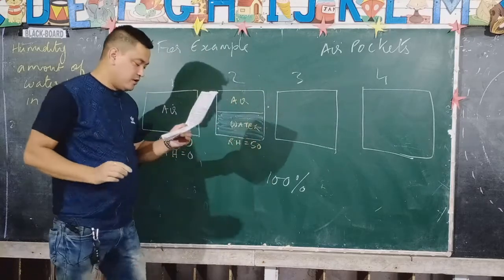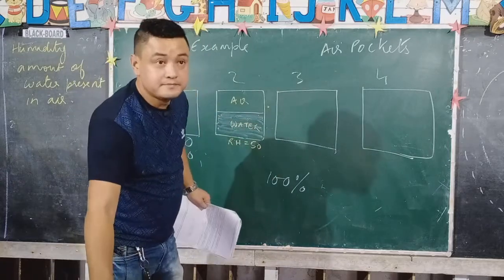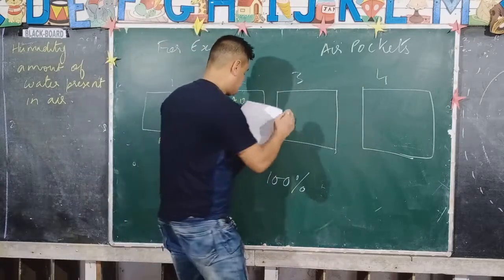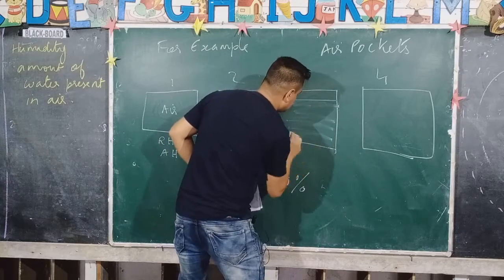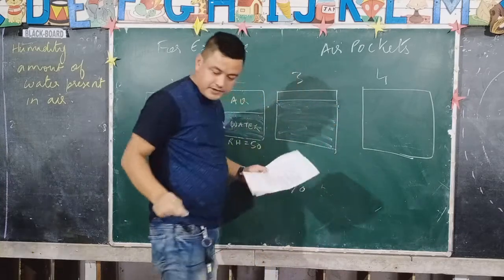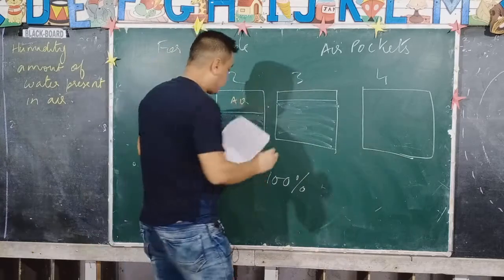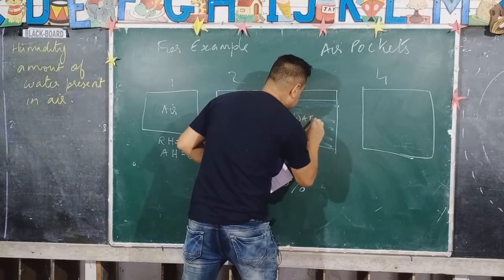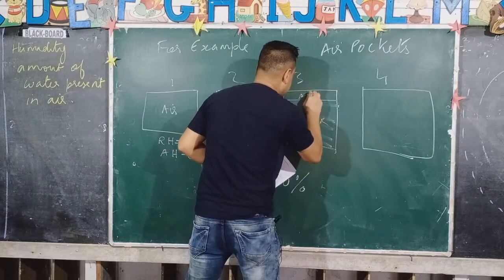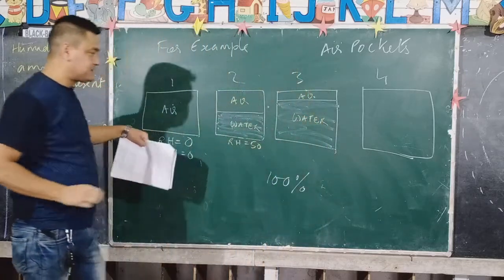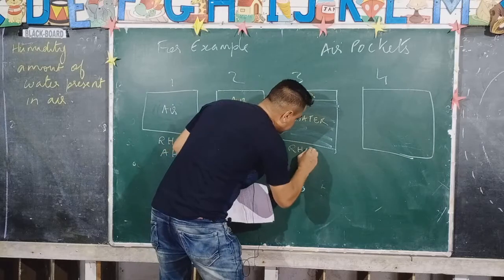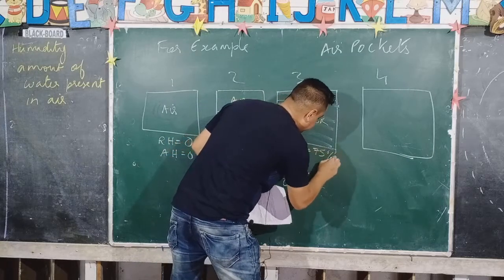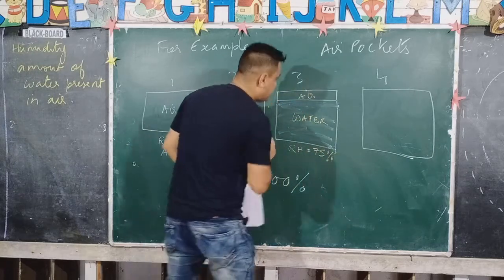Here I am drawing another air pocket, where water is present here and here is air. Now you can see the difference, where the RH level is basically 75%.